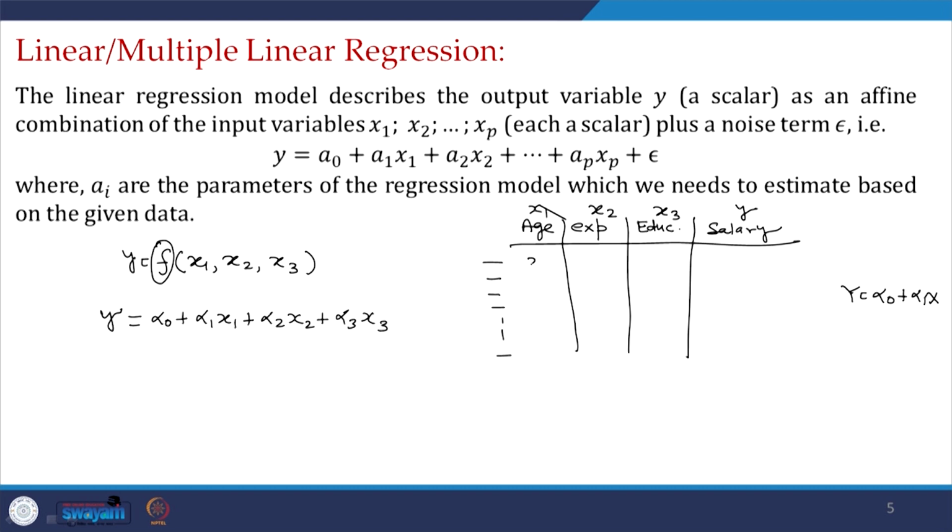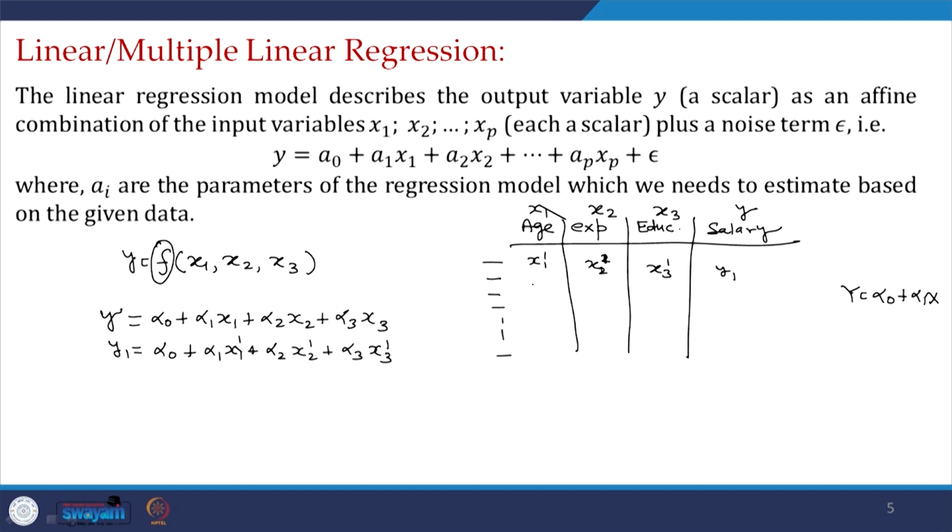For employee 1, let me write x11, x21, x31 and y1. So I will have the equation y1 equals alpha 0 plus alpha 1 x11 plus alpha 2 x21 plus alpha 3 x31.